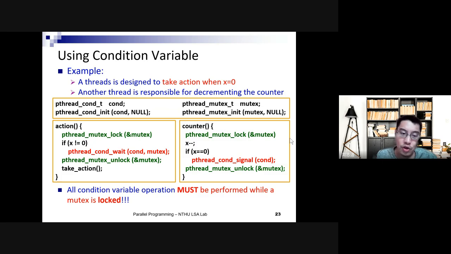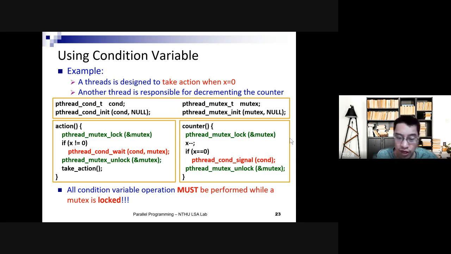So the awakened thread will still block inside the conditional wait until the counter thread calls mutex unlock, releases the lock and exits the critical section.